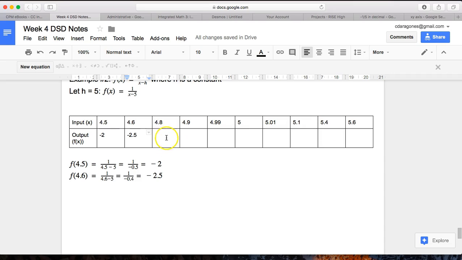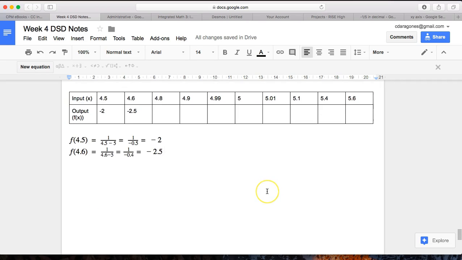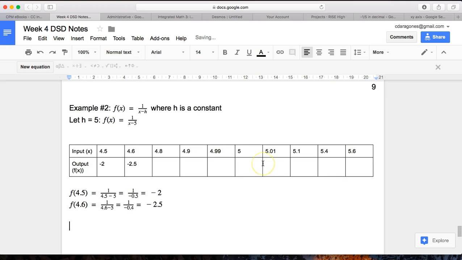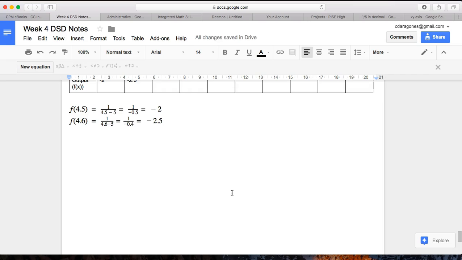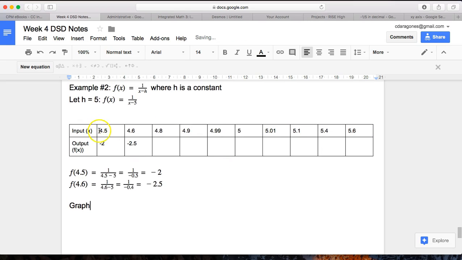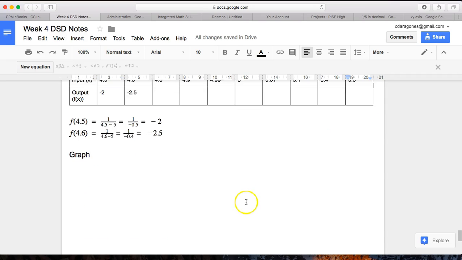All right, so hopefully you were able to finish your table of values, and we're going to graph it. We're going to do the same thing we did in the previous step where we have a graph. Again, notice what your x values are. It goes from 4.5 to 5.6.